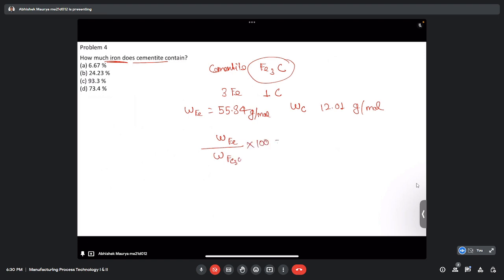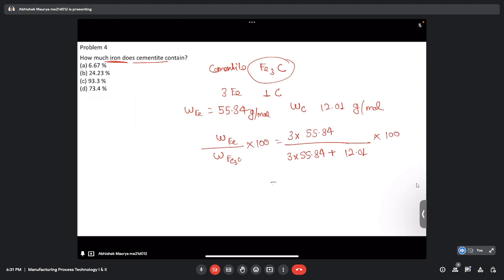So that will be equal to 3 times 55.84 divided by the complete weight, which will be 3 times 55.84 plus 1 times 12.01, since we have only one atom of carbon, and we multiply it by 100.